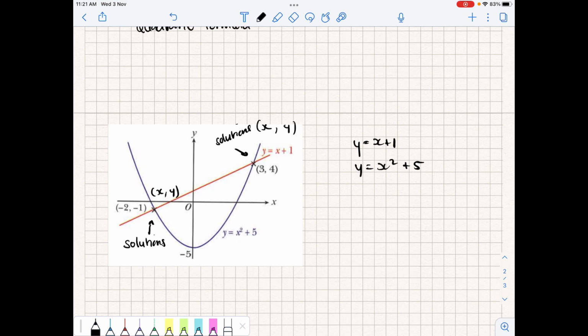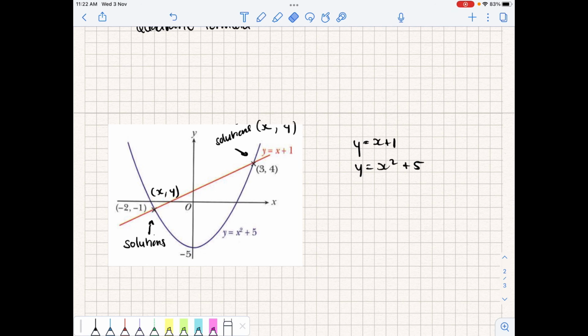So let's look at solving these two algebraically, because that's the whole point of this topic. We could solve graphically, but we would need specialized graphing software because it's almost impossible for us to freehand a parabola accurate enough to get proper solutions. And so we need to know how to solve these things algebraically.